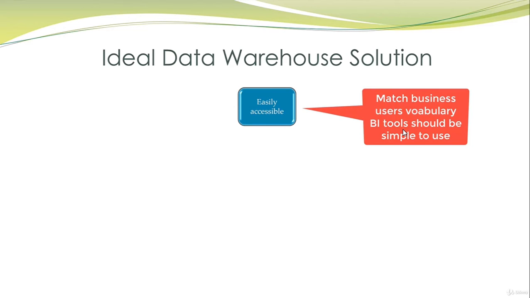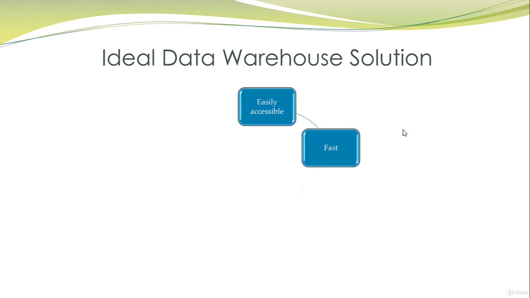The data presented should match the business user's vocabulary. The BI tools used for analyzing data from all different angles, which we sometimes call slicing and dicing, should also be simple to learn and use.